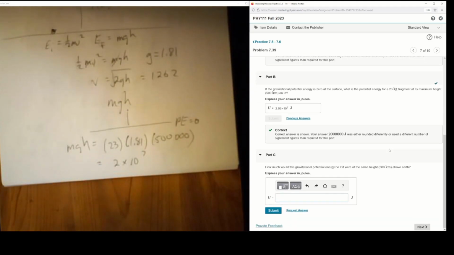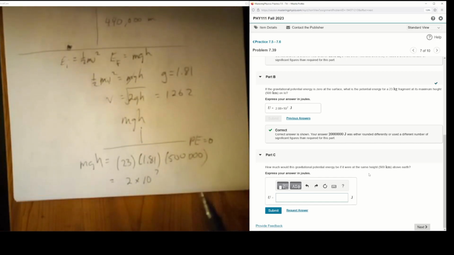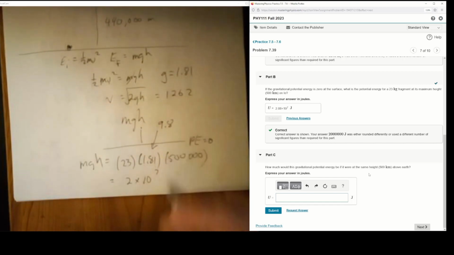And then for part C, how much would this gravitational energy be if it were at the same height above Earth? All right. So the only thing that changes here about Earth is the acceleration due to gravity. So Earth is a lot bigger than the moon Io, so it's got a higher acceleration due to gravity from its mass.